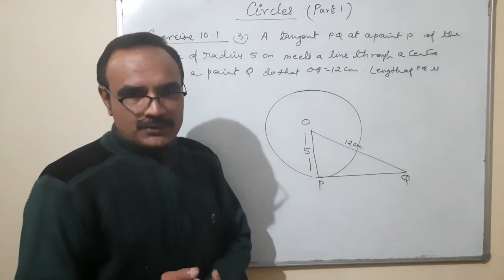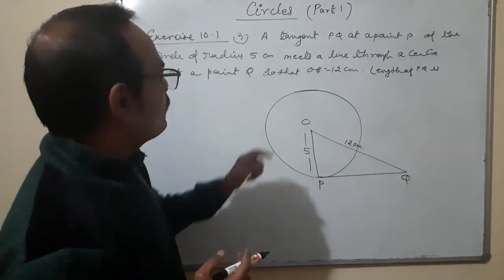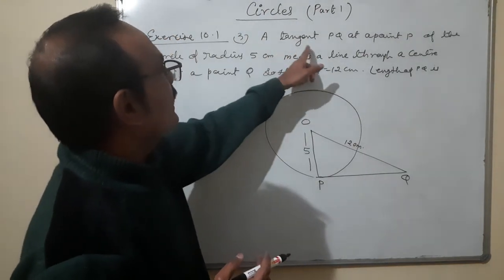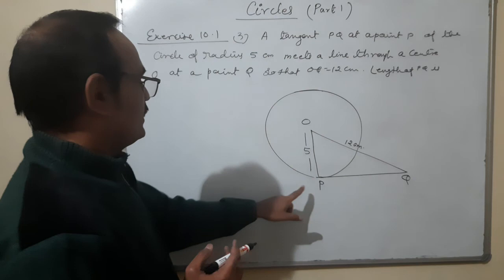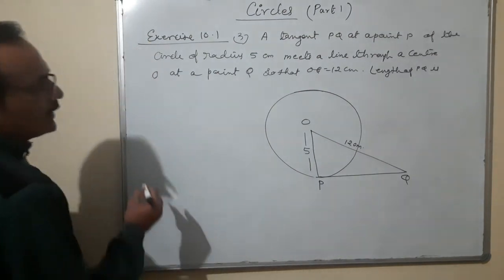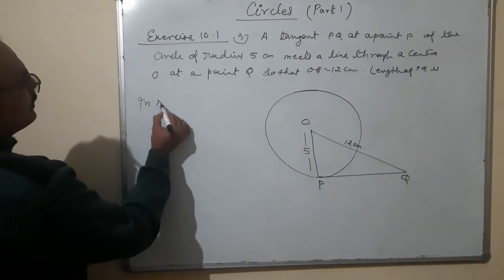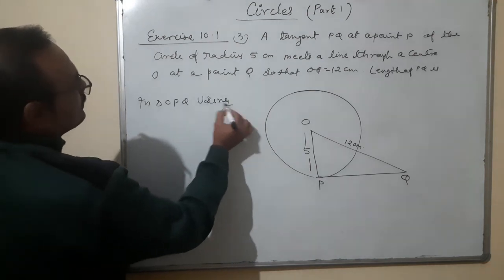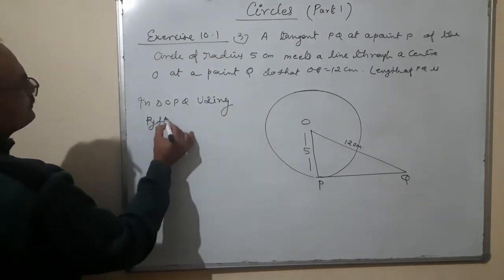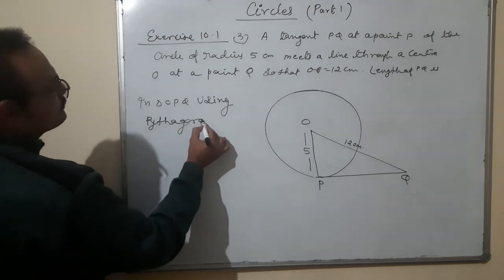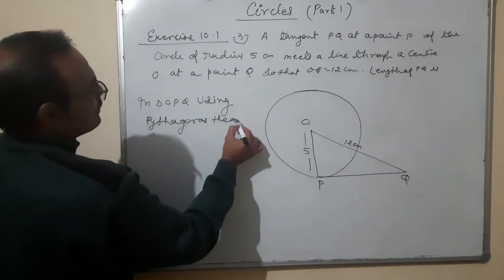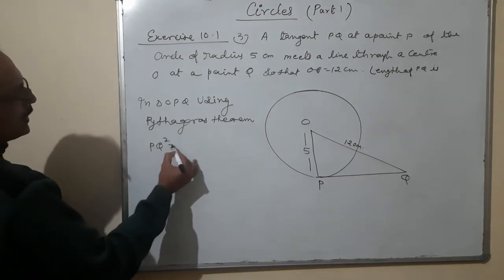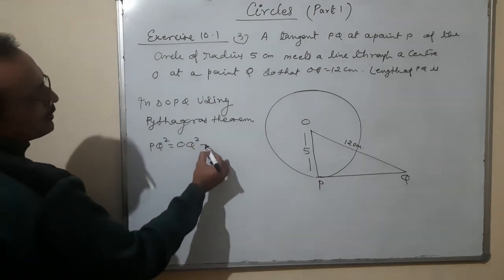But when you read the question, you will understand that OQ is equal to 12. They are asking to find the length of PQ, and PQ is a tangent at a point P. Clearly it is mentioned. So in triangle OPQ, using Pythagoras theorem, PQ square is equal to OQ square minus OP square.